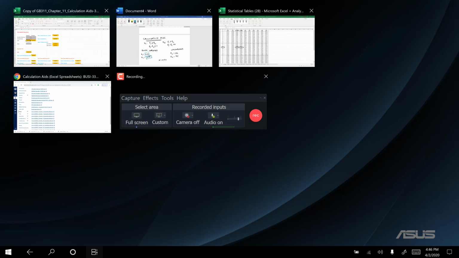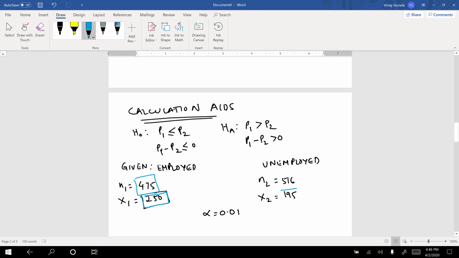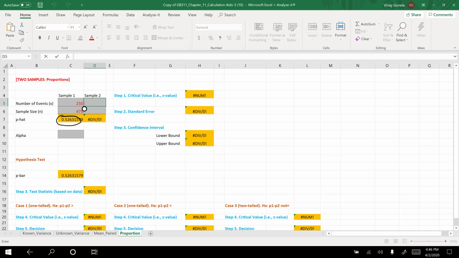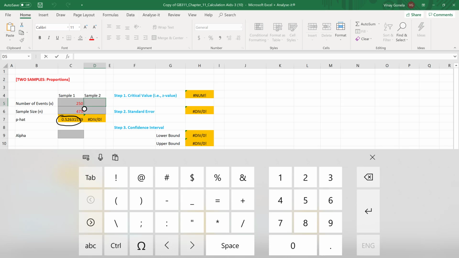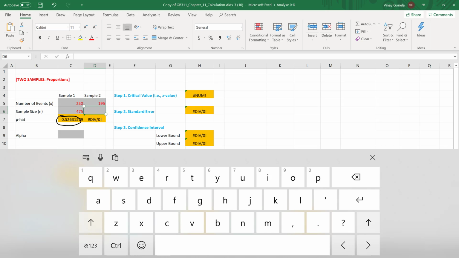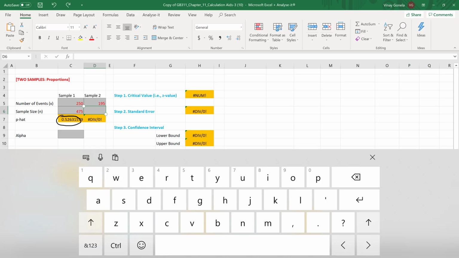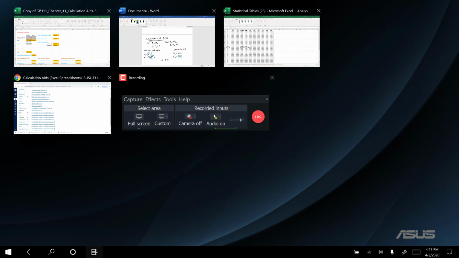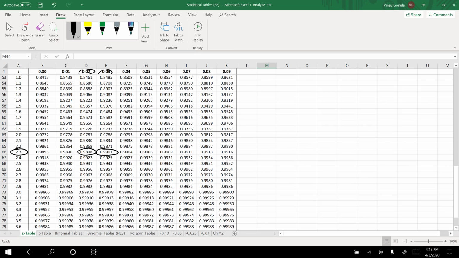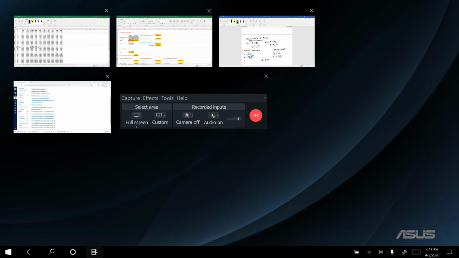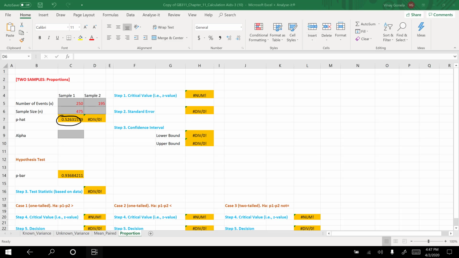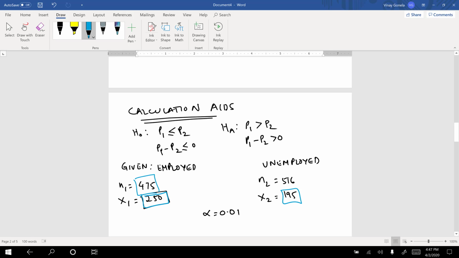So x2 is 195, and then sample size is 516.